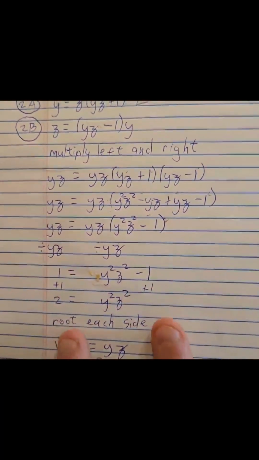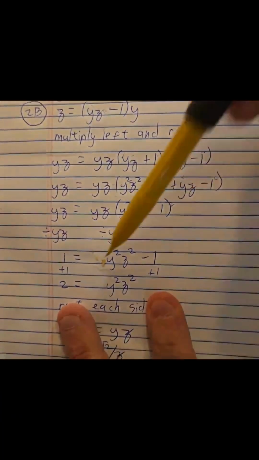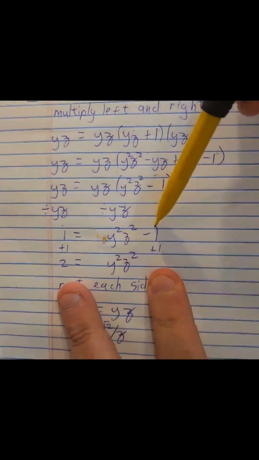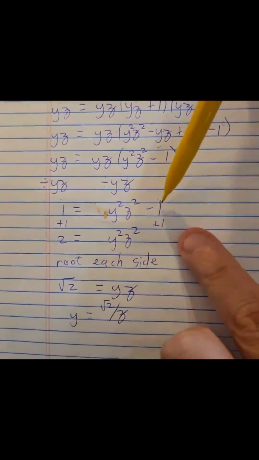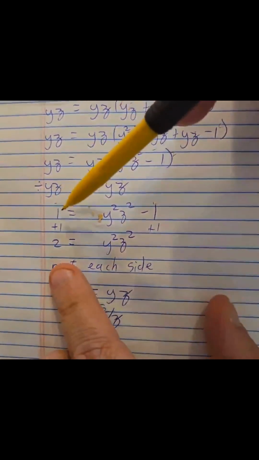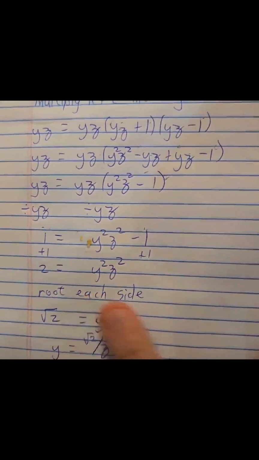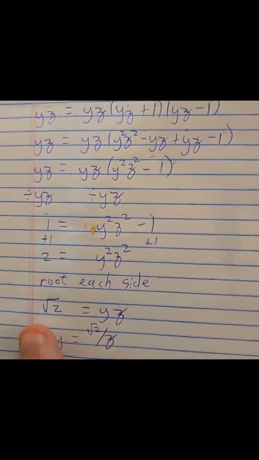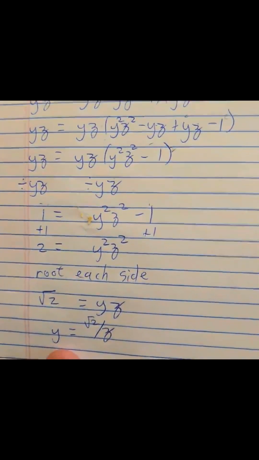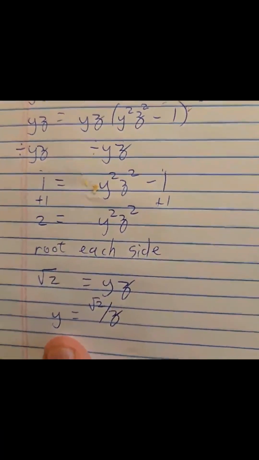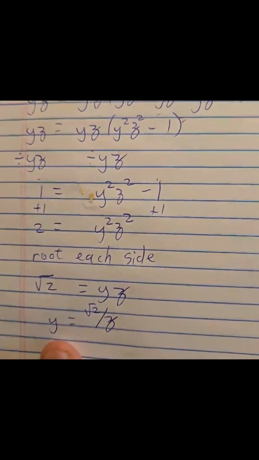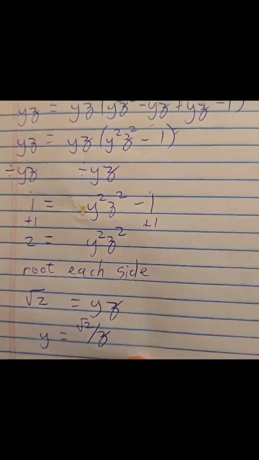If I add 1 to each side, the left side becomes 2 equals y squared z squared. I root each side, yz equals root 2. I isolate that y, dividing each side by root 2, and so y equals root 2 over z.